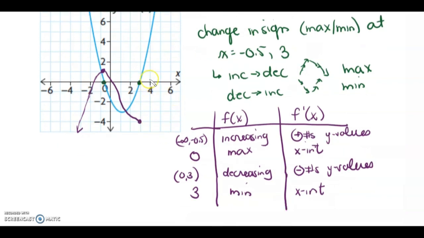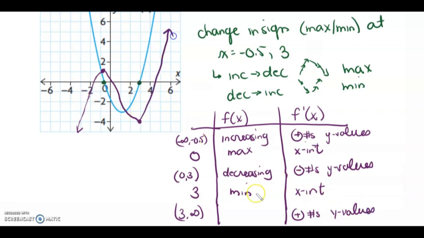And then the last interval is going to be from 3 to infinity. On the graph that we're given, which is f prime at x, the derivative graph, these numbers are all positive. So we can say positive numbers or positive y values. So what's happening here is it's going to be increasing.